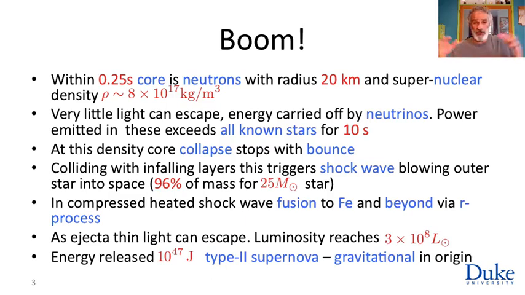If you really just compress, imagine modeling an atmosphere that's compressing and then suddenly stops, the atmosphere absorbs the shock wave instead of, as we observe, being blown away. What in practice happens is that the shock wave manages to propagate all the way up to the surface of the star, blowing away the atmosphere, blowing away 96% of the mass of a 25 solar mass star.